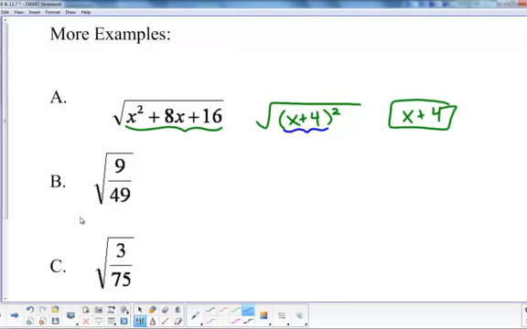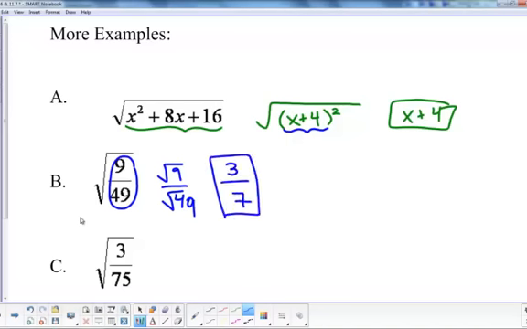Something like this, you could separate the square root, or if 9 divided by 49 simplified, you could do that as well. So the square root of 9 is just 3, and the square root of 49 is 7, so we can just leave it just like that.